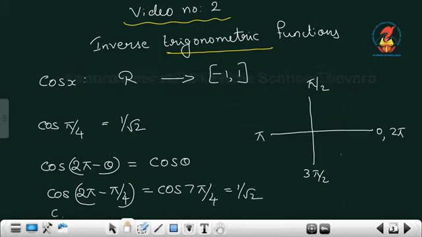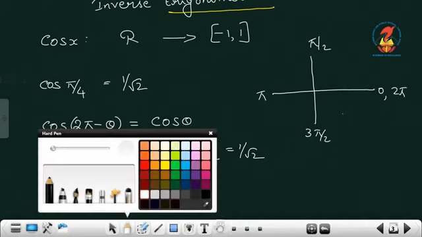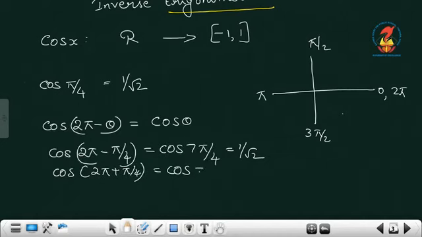Isn't it? Now cos of 2 pi plus theta, cos of 360 plus theta. 360 plus theta is in the first quadrant, that is the same as cos theta. So that also is equal to cos theta, that's equal to 1 by root 2.